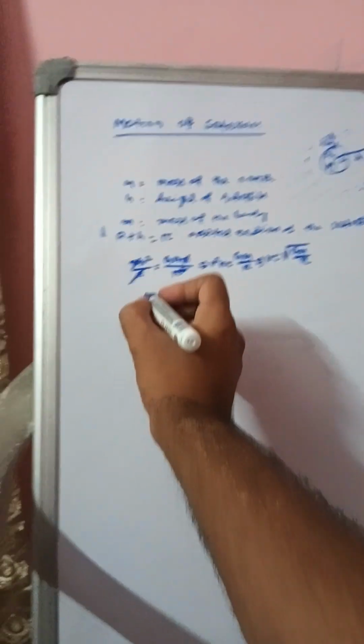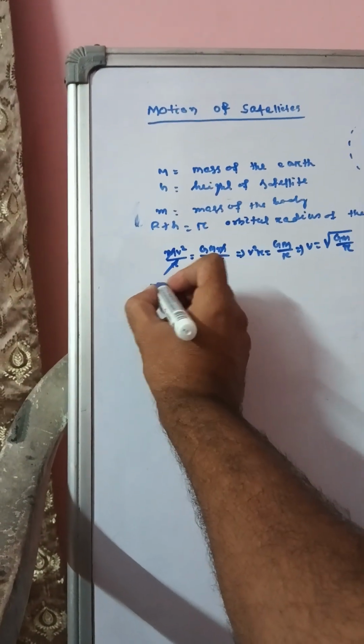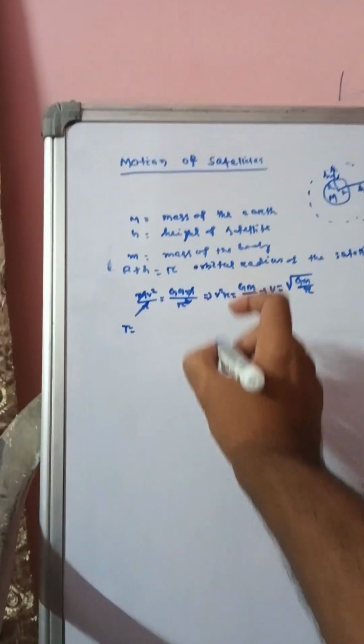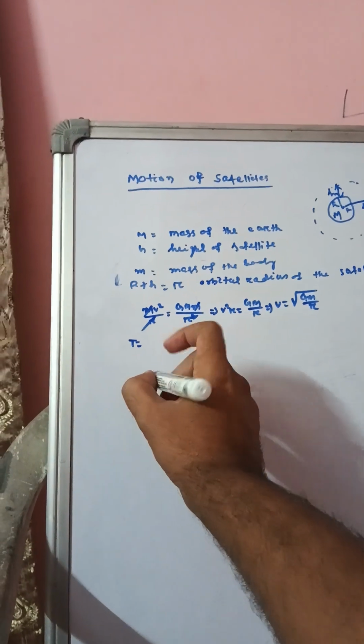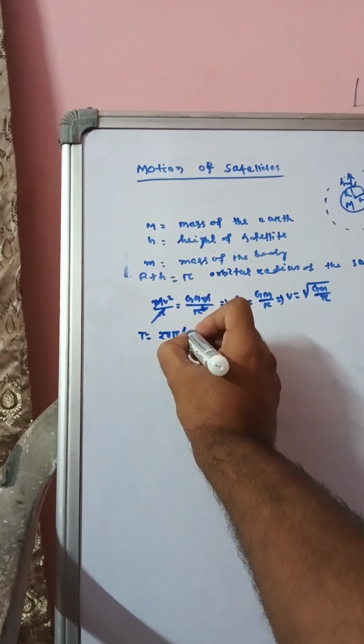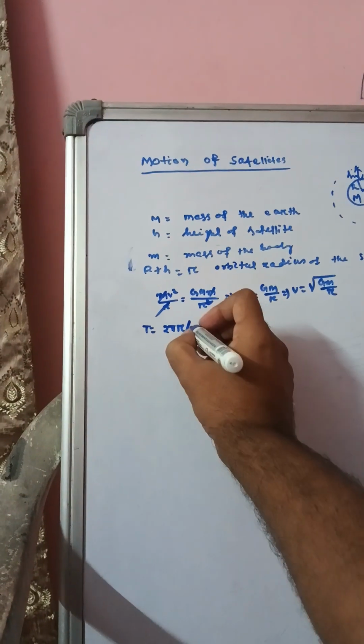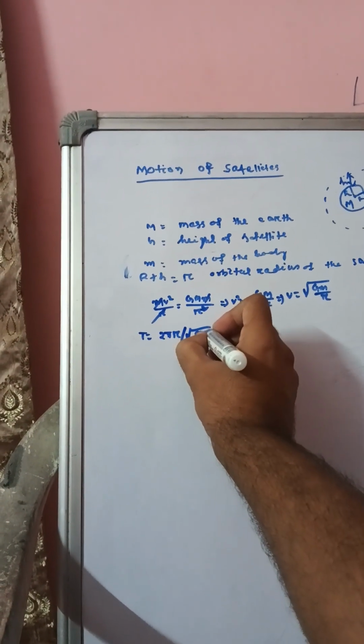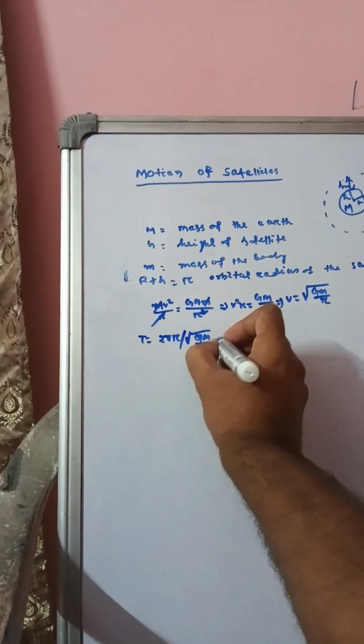Very clear? So time period T is equal to the circumference of the orbit divided by the orbital velocity. Circumference of the orbit is 2 pi r, divided by v, the square root of GM divided by r.